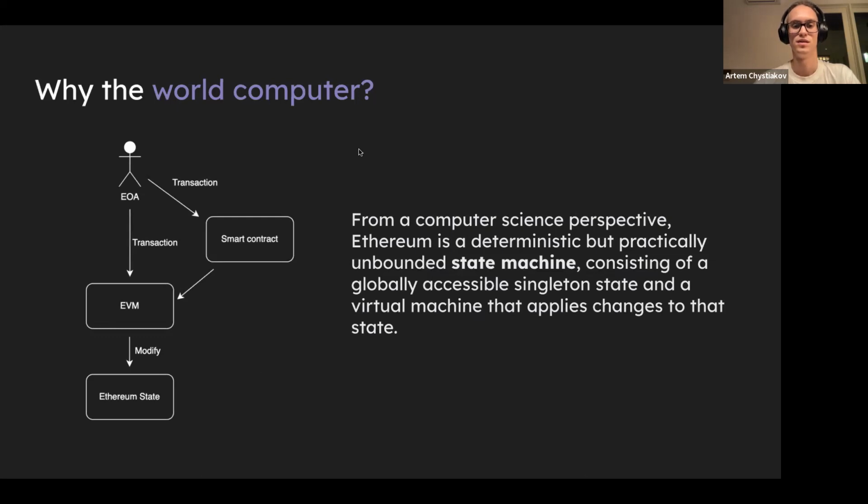And from a computer science perspective, Ethereum is a deterministic but practically unbounded state machine, meaning that in order to change its state, there has to be some action made. And the state of Ethereum is basically what this blockchain is at any point in time.